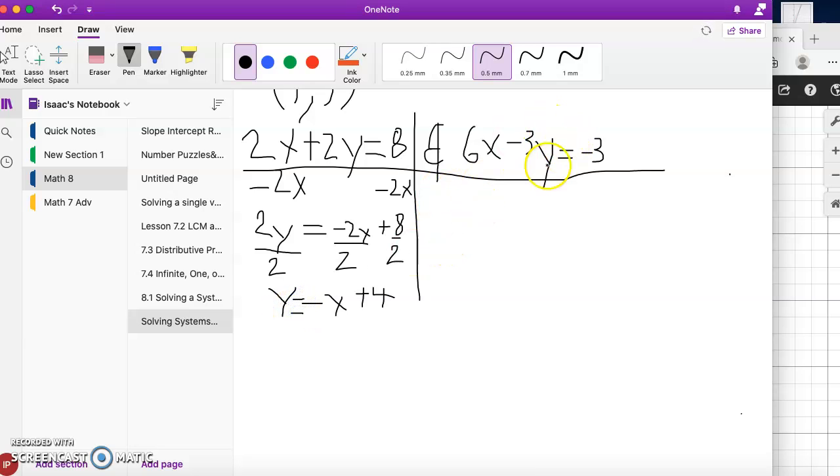There we are. Now for this other one, I'm going to subtract 6x from both sides because I want the y by itself. And that leaves me with negative 3y equals negative 6x minus 3.